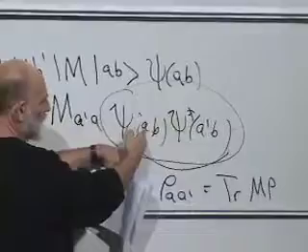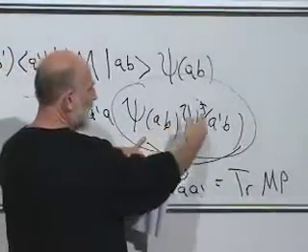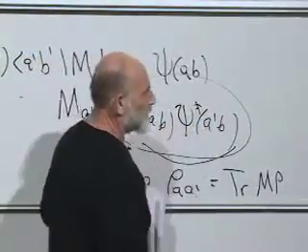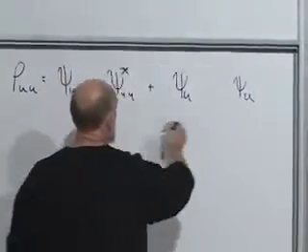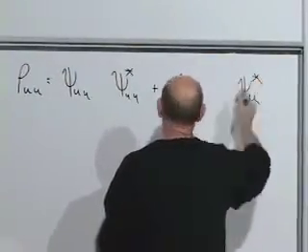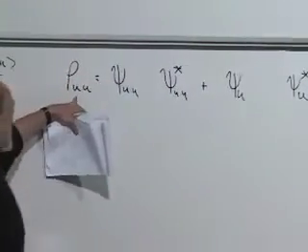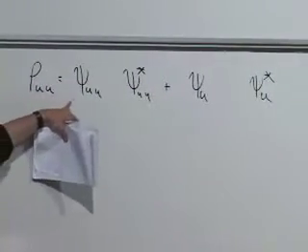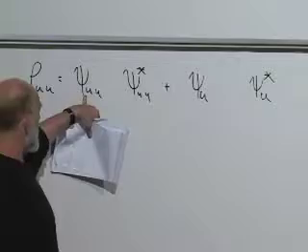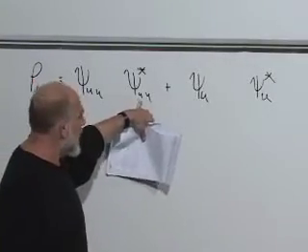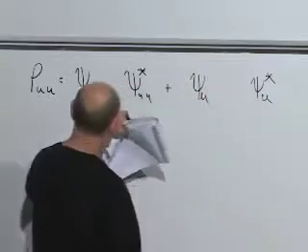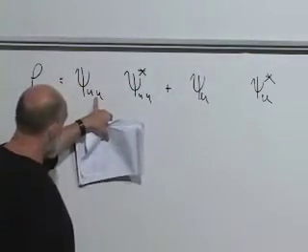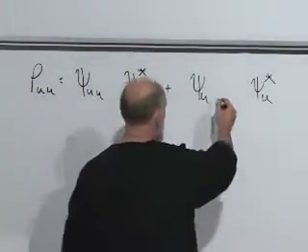So in one place we put a psi with an A, in the other place we put a psi star with an A prime. In this case, both A and A prime are up. So we have a psi of A and a psi star of A prime, but we have to sum over B. So B is up and down.